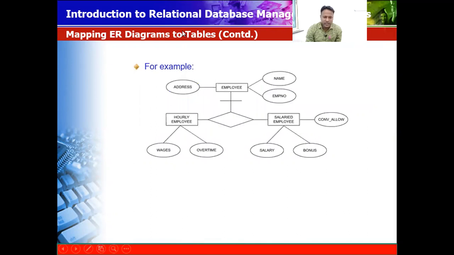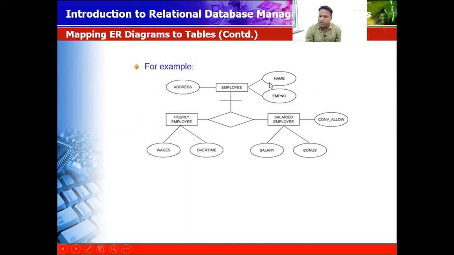Now let's check here. I defined an employee table with employee address, name and employee number. It contains two parts: one is hourly employee, another is salaried employee. Hourly employee contains wages and overtime; salaried employee contains salary, bonus, then some kind of allowances.